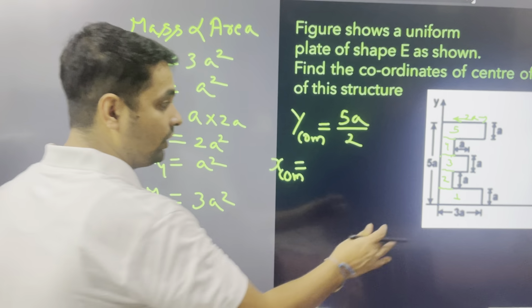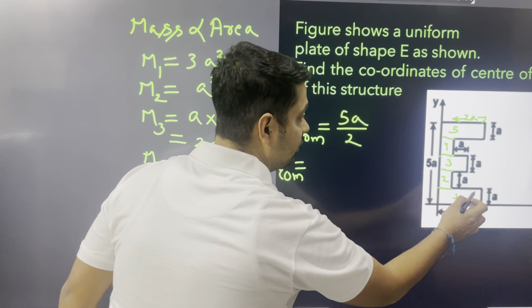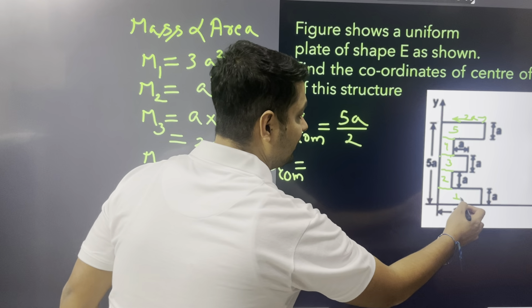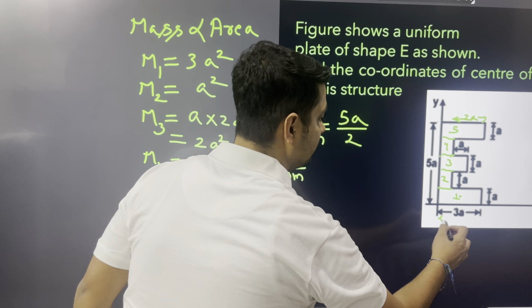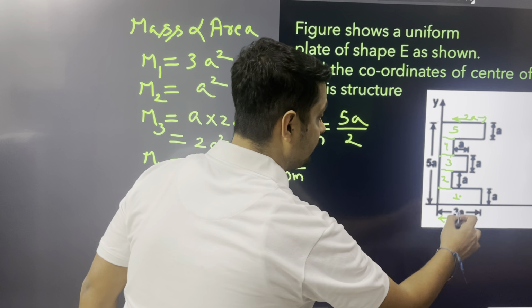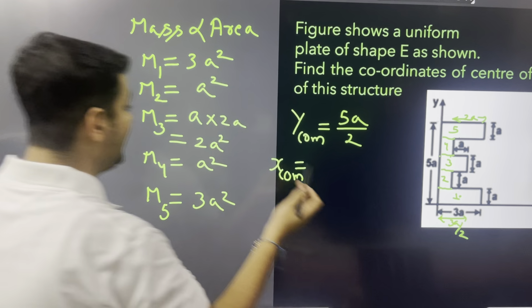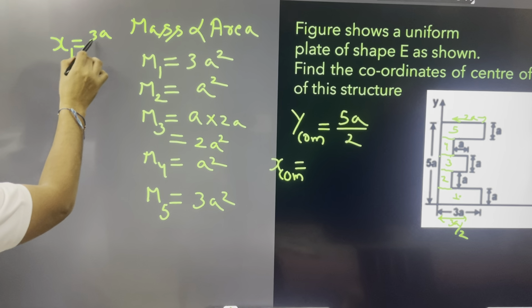Because this is a uniform body, its center of mass will be at its physical center, and from here it is 3a, so x is 3a by 2. Same way I can write for others. x1 is 3a by 2.